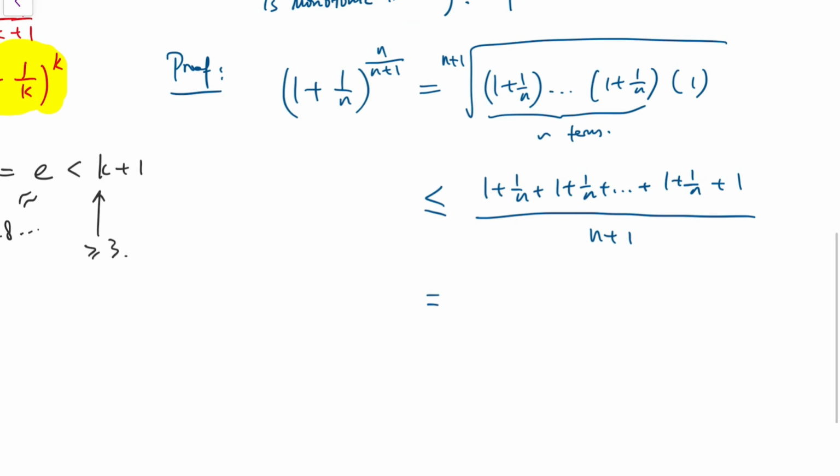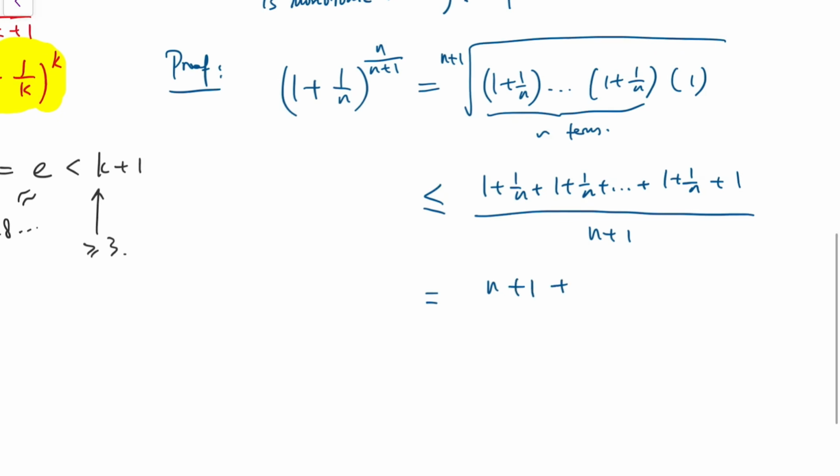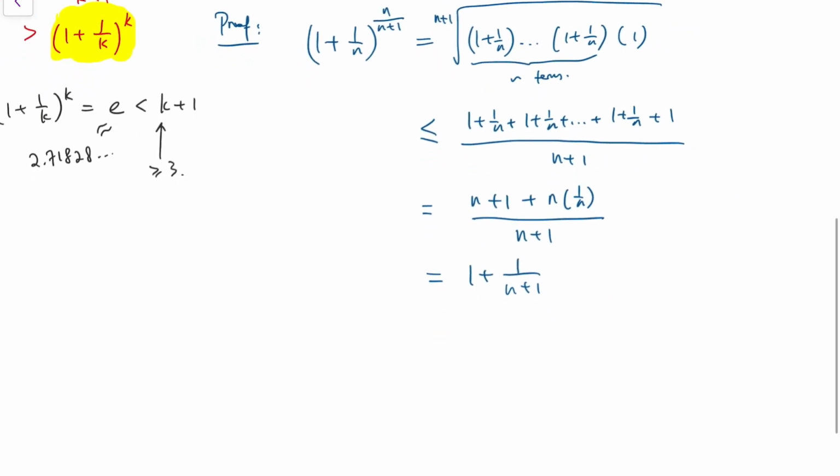So simplifying, for the numerator, we have altogether n plus 1 ones, so the sum is n plus 1, plus there are n terms of 1 over n, so n times 1 over n, all divided by n plus 1. And that's 1 plus 1 over n plus 1. So that means our inequality is now proven.